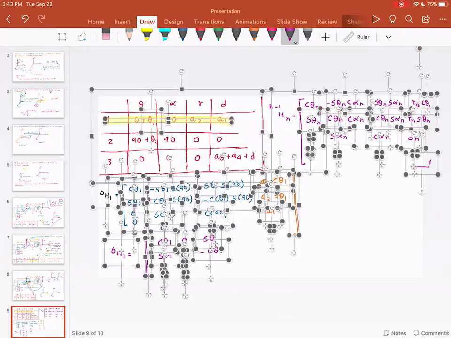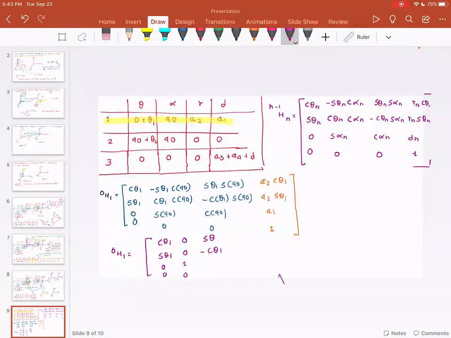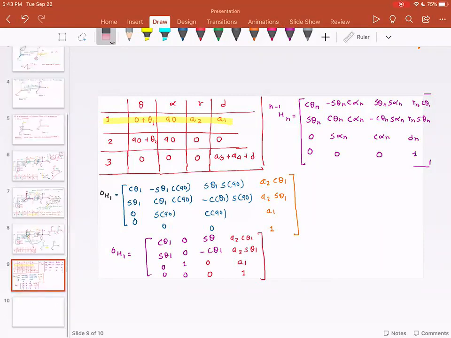Cosine of 90 degrees is 0. You get A2 cosine theta 1, A2 sine theta 1, A1, 1. So now you see that the same formula that we derived for the homogeneous transformation using our rotation matrices is coming up.